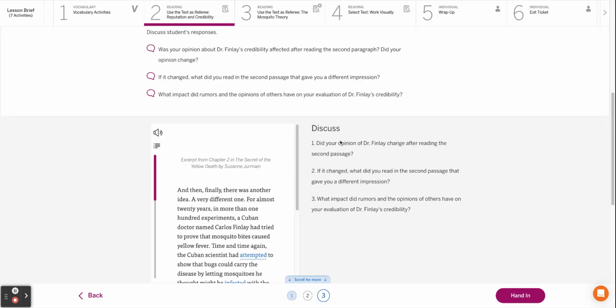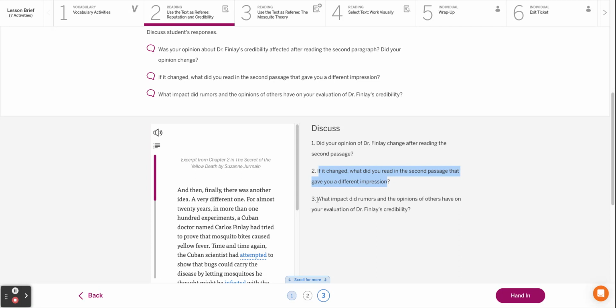And then you're going to think about, based on those rumors, based on those opinions, based on his experiments, based on the work that he did, is he credible? Did your opinion of him change? Did you think he was credible and now you don't? Did you think he wasn't credible and then you read something that made you change your mind? If it changed, what was that reason?